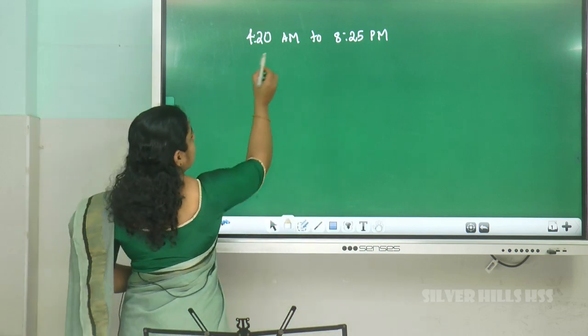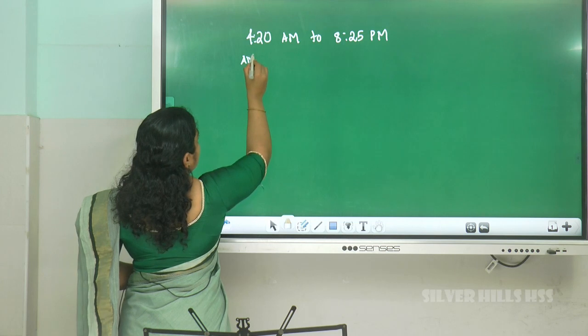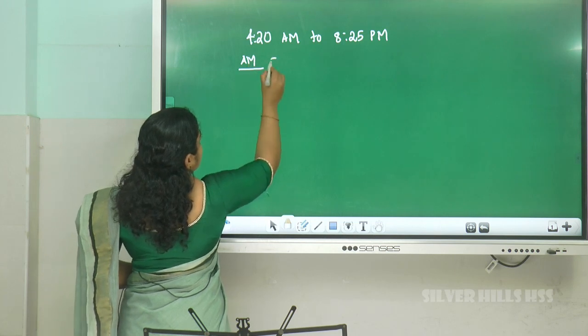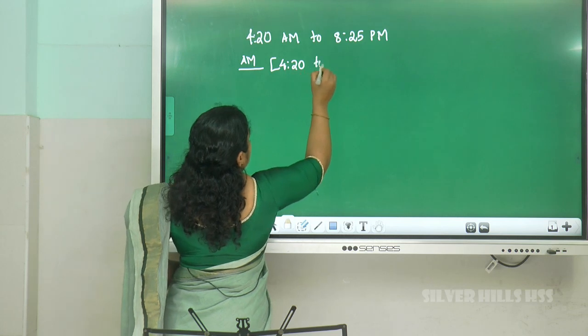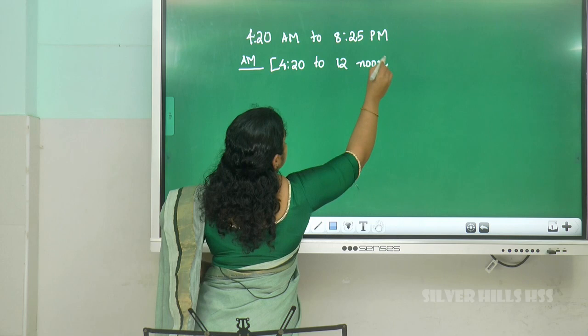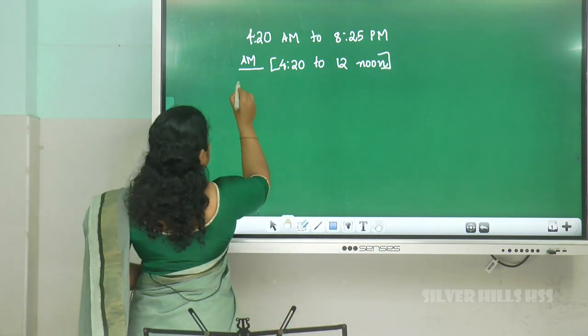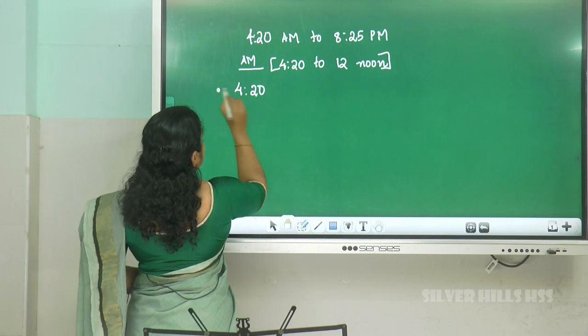So here first it is AM part. So we will find the time in AM part first. That is 4:20 to 12 noon. It is morning. So till 12 noon it is AM. So first we will find 4:20 to the next hour.